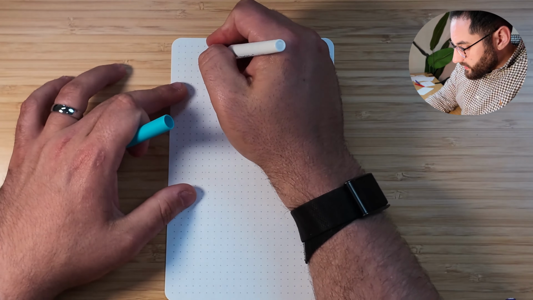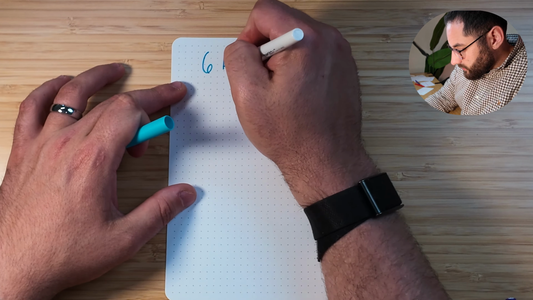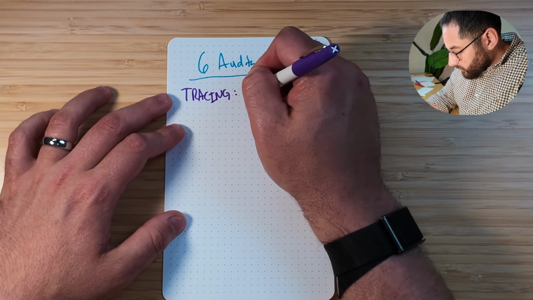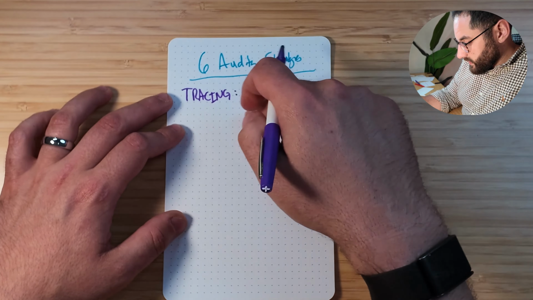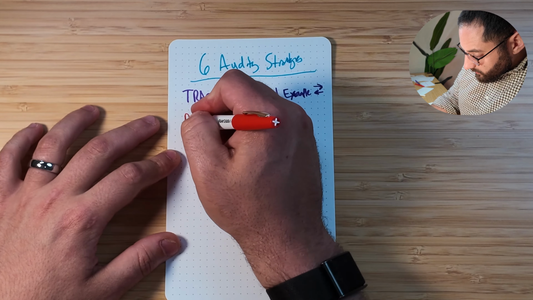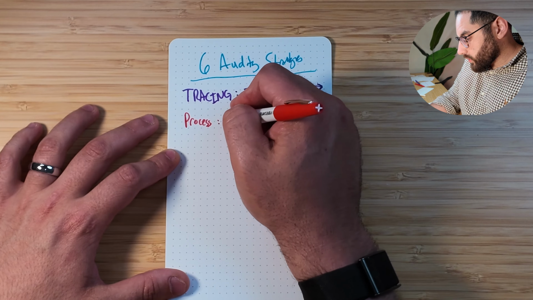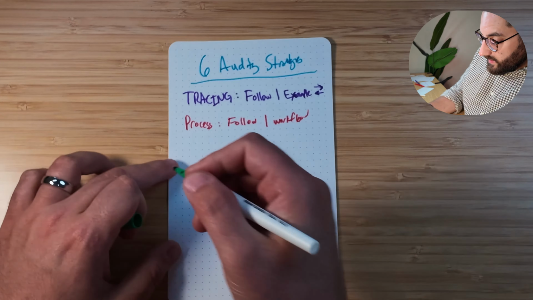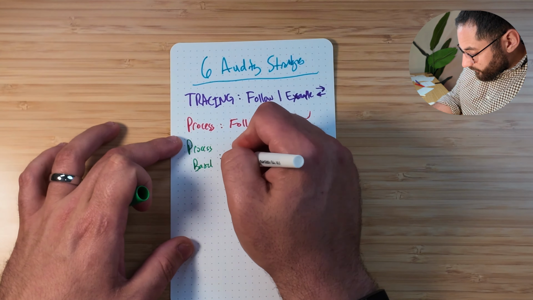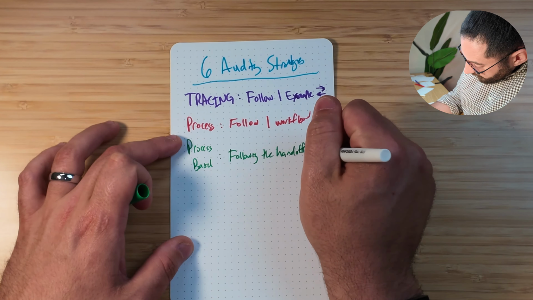And so to summarize the 6 auditing strategies, we have the tracing method. For tracing, we're following one example, like we said, forward or backward. Then there's the process method, and here we're following one workflow. Then there's the process-based approach, where you're looking at the whole system and following the handoffs and interactions.